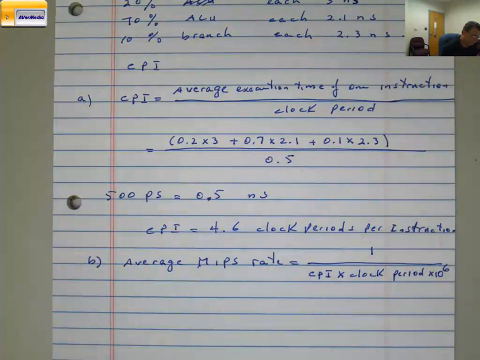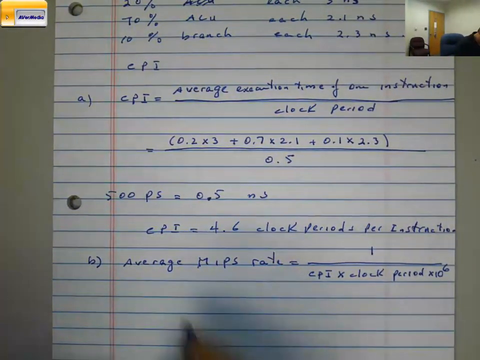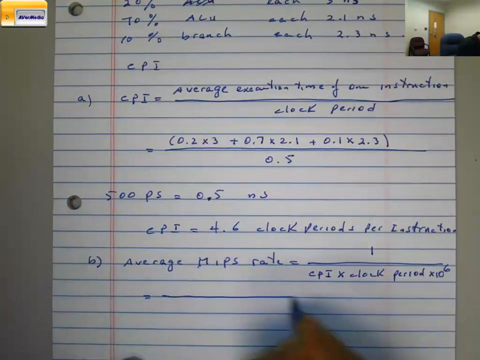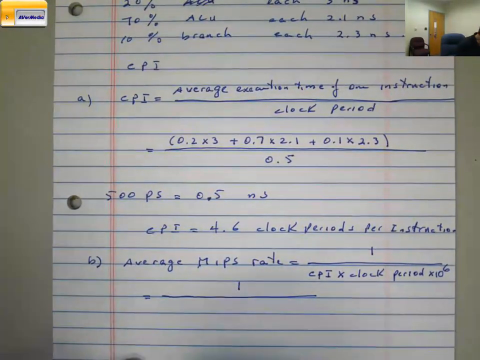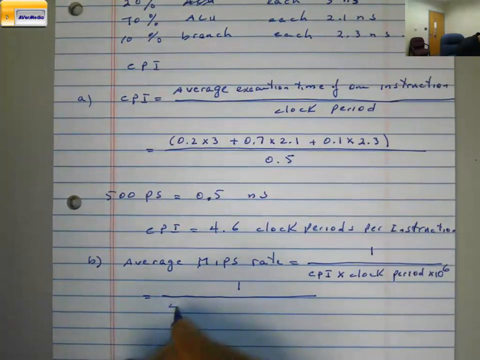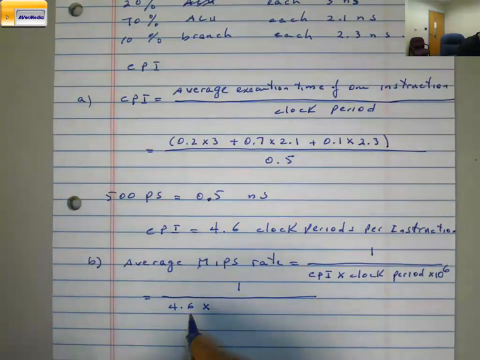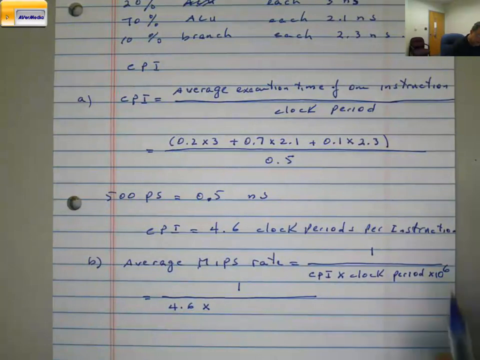All right? This is the formula we use. So it's equal to 1 over 4.6 times clock period, times 10 to the power of 6.